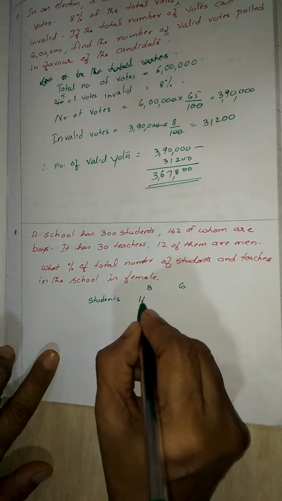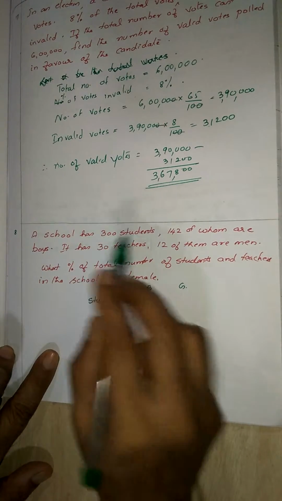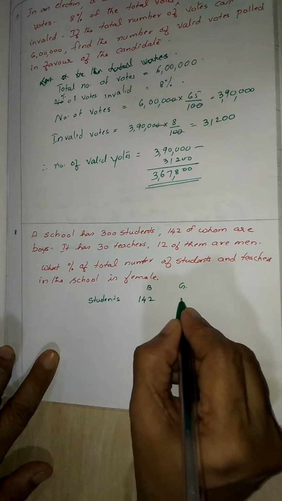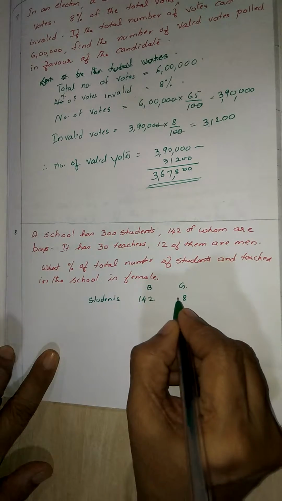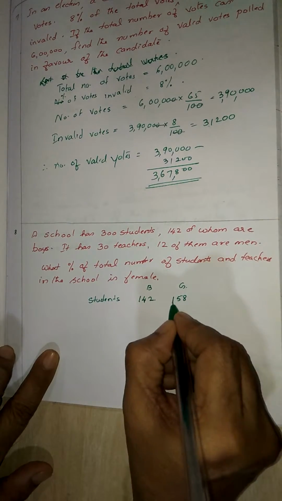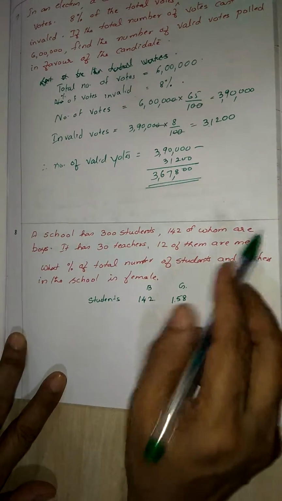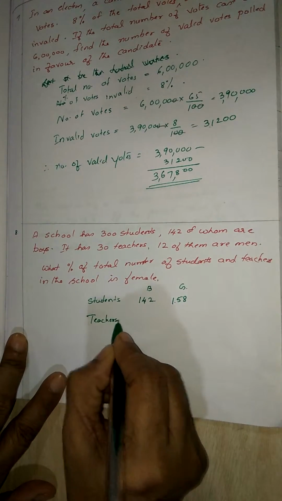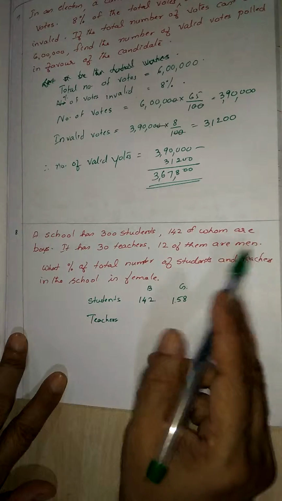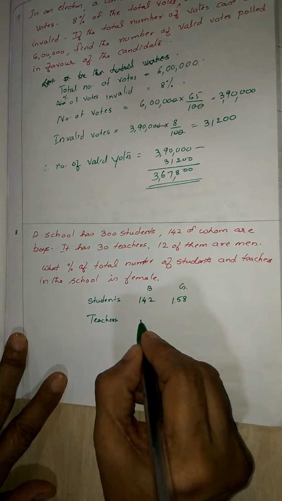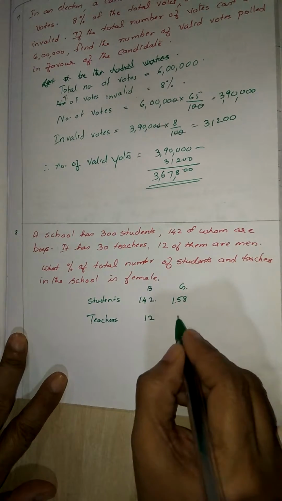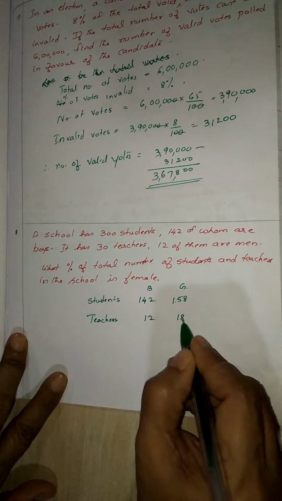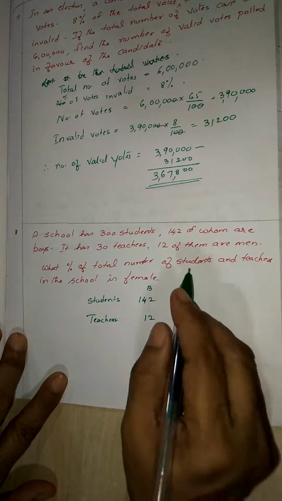Boys are 142. So the remaining will be girls. So it will be 158 are girls. Now out of the teachers, 12 of them are men. So men teachers are 12. So the women teachers will be 18.